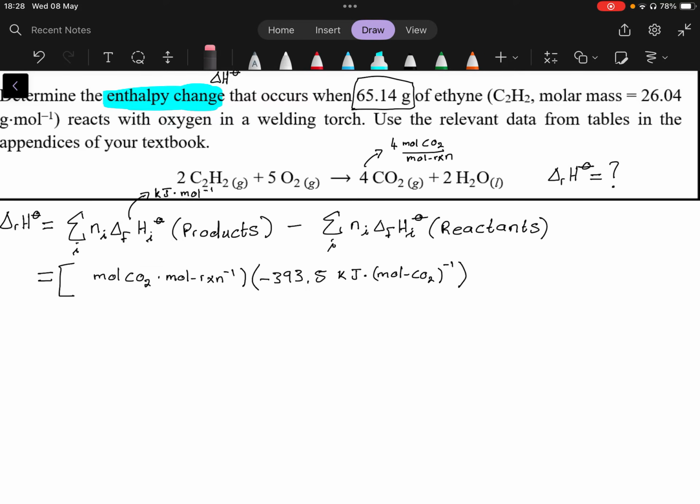But I actually just thought of a better way to do this. So maybe let's first just write it out in a general sense. We're going to say 4 times the standard formation enthalpy of CO2 gas. And remember, the phases are important.